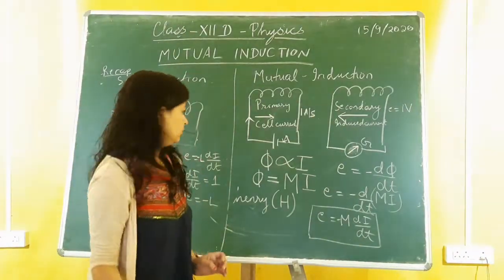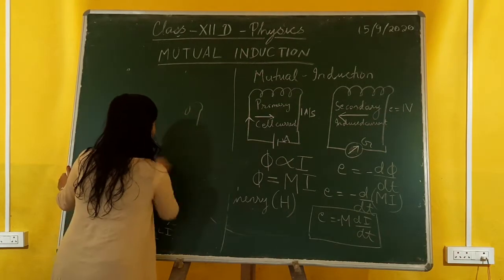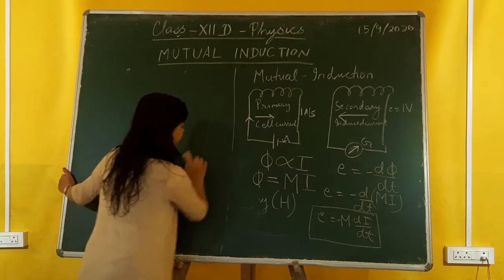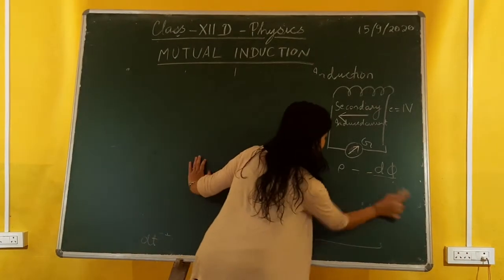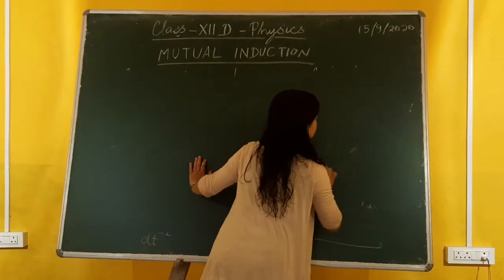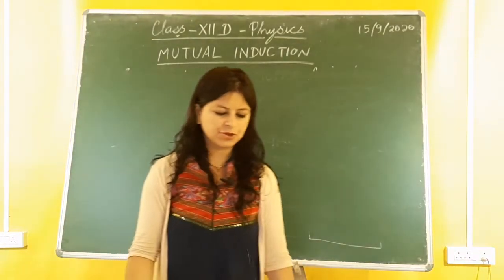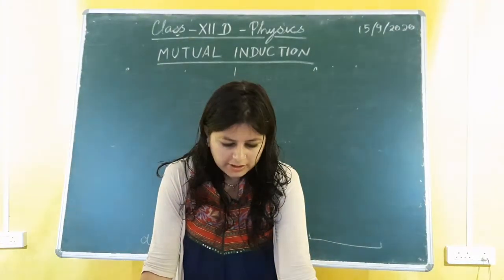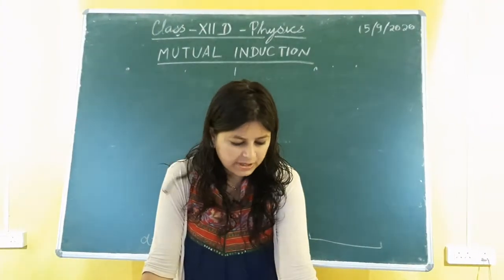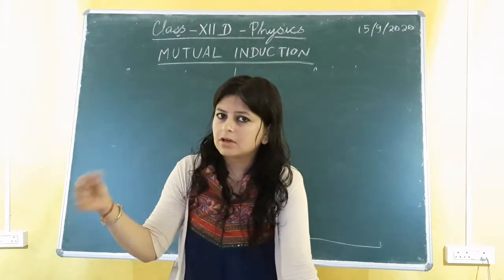Now mutual inductance, the term M, depends on a few factors which are connected with both the coils. The factors which affect the mutual inductance are, number one, geometry of the two coils. Geometry here means what is the size of the coil, what is their shape, what is the nature of material on which you wind the coil.